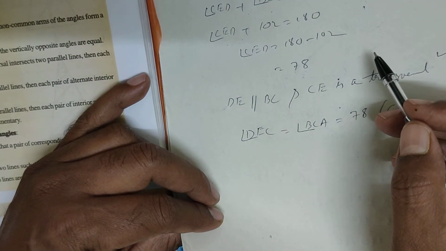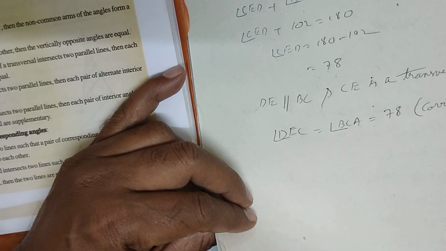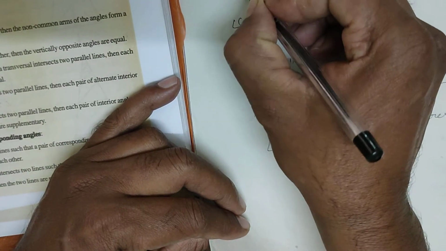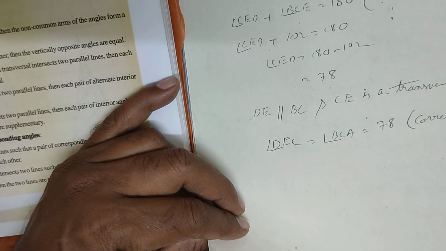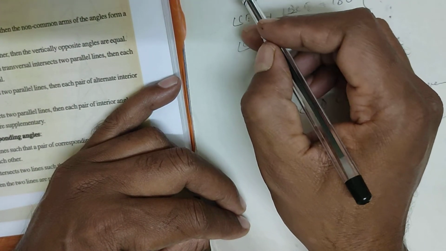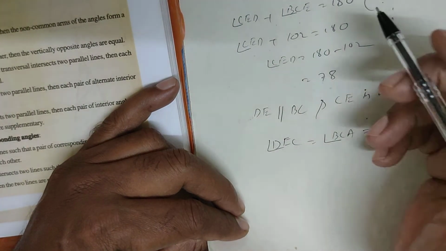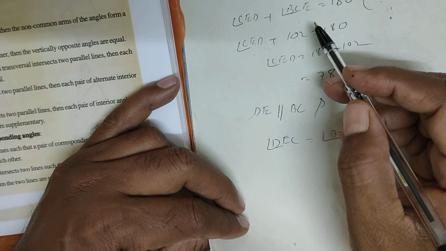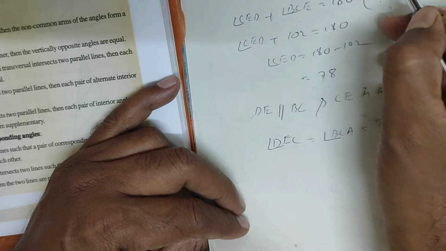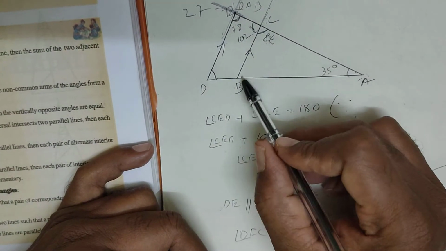Next, which angle did he ask? CED is done. ADE, he is asking about this angle. Okay, so how do we have to find this angle? See, it is one triangle, 78, 35 and this one.